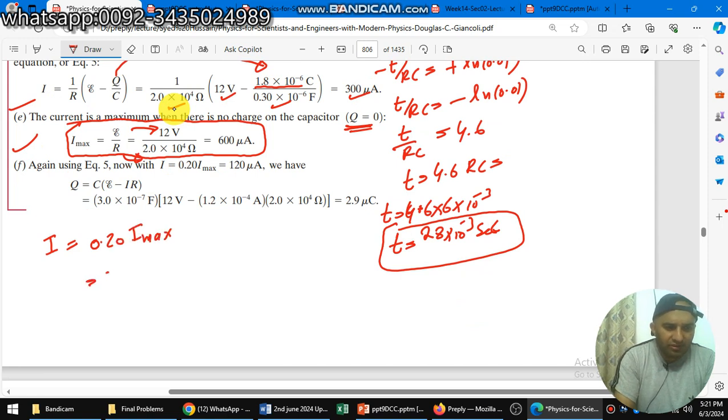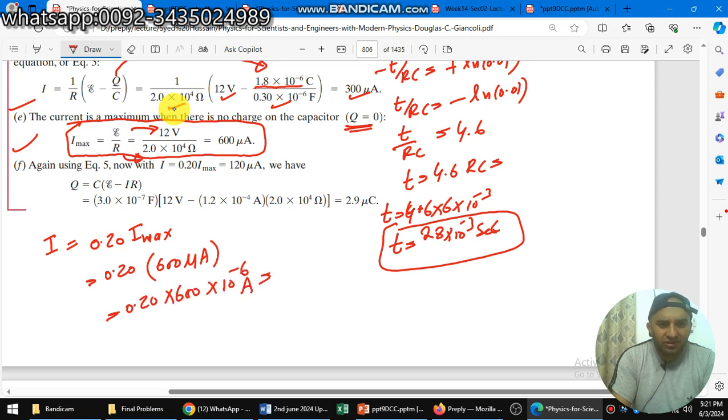In the previous part we found I maximum is equal to 600 microampere. If you multiply 0.20 into 600 into 10 to the power minus 6, we get I equal to 120 into 10 to the power minus 6 ampere.